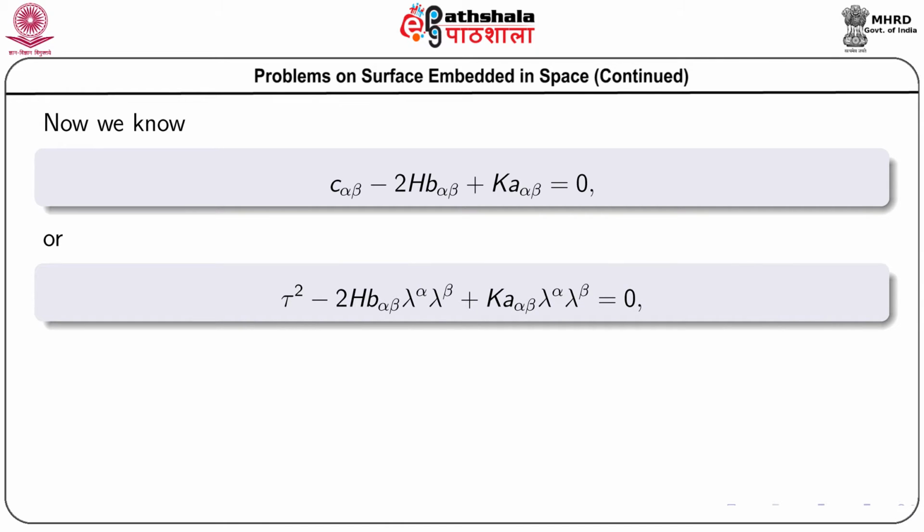So, we get this one by multiplying by lambda alpha lambda beta on both sides: tau square minus 2 H B alpha beta lambda alpha lambda beta plus K A alpha beta lambda alpha lambda beta equals 0.